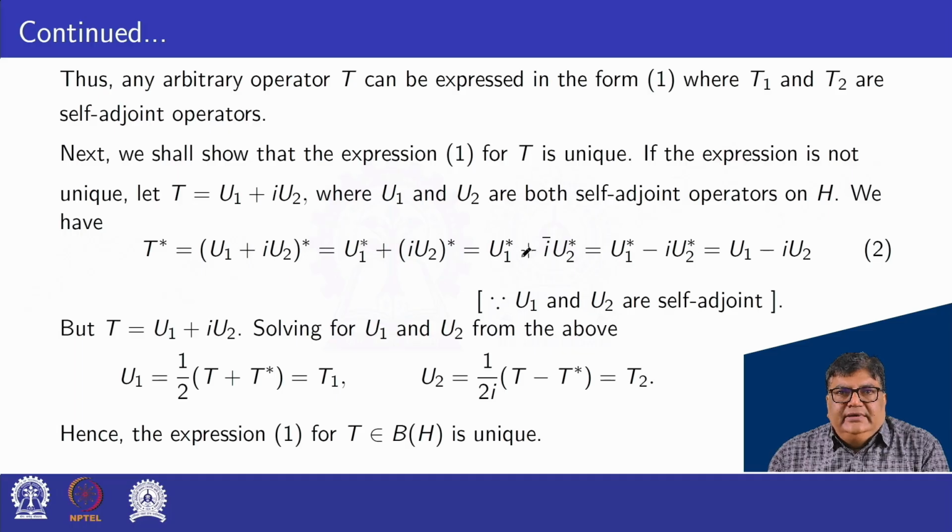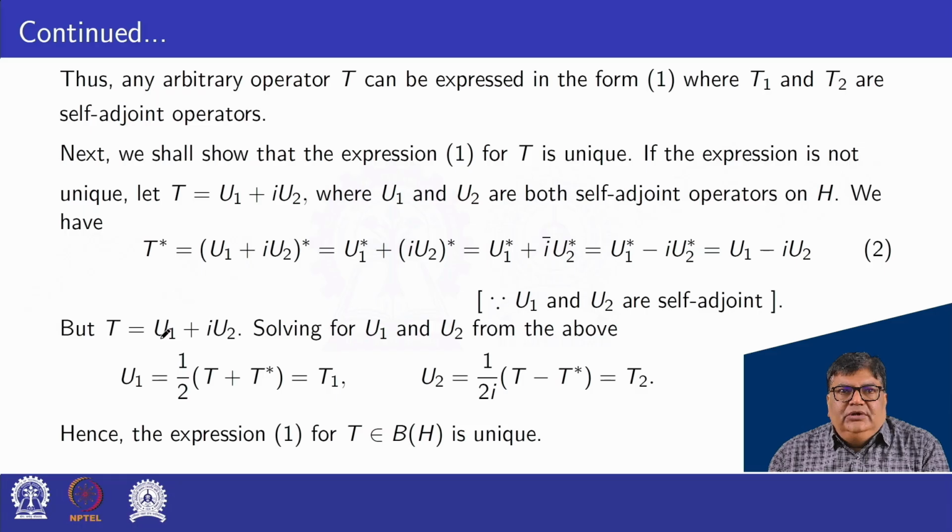So i as scalar, this is U1 star plus i bar U2 star. i bar is minus i. So this one is U1 star minus i U2 star, where U1 and U2 are both self-adjoint, that is U1 minus i U2. This is equation 2.